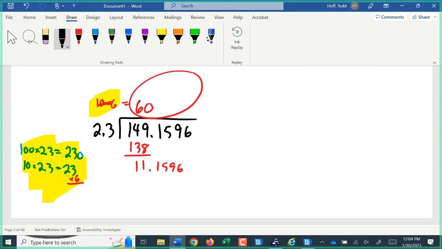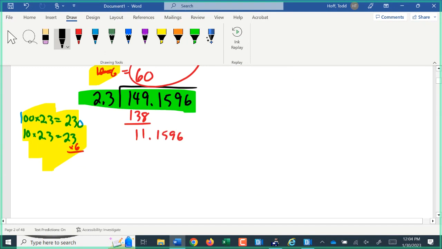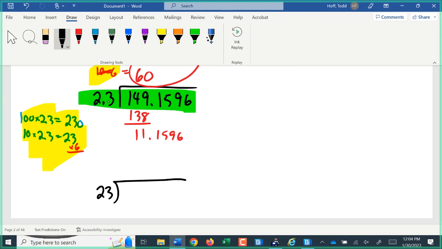So the way we've done it is we've taken out dividing by the decimal. We changed a problem like this into, instead of dividing by 2.3, dividing by 23.